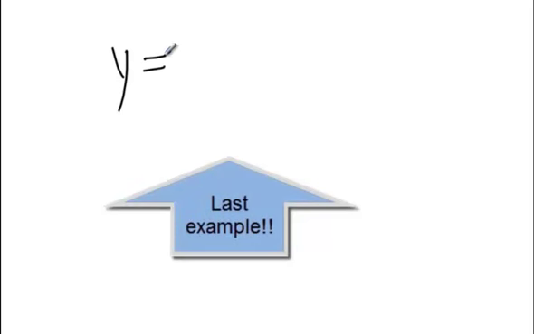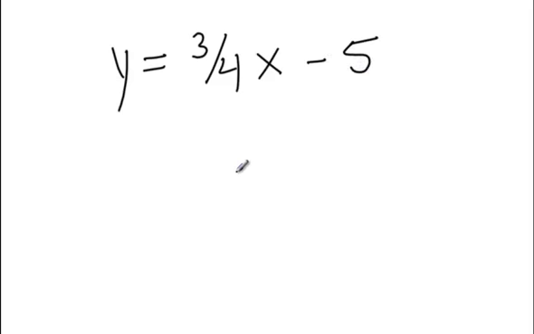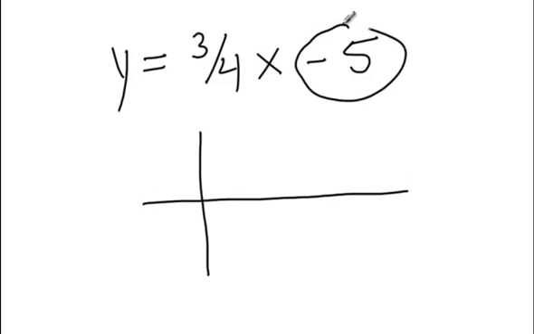Y equals 3 over 4x minus 5. If you had to graph this, what would you do? Okay, this time I'm going to go like this and say, okay, start with the y-intercept. 1, 2, 3, 4, 5. There's our first dot. That's the y-intercept, down at the negative 5.